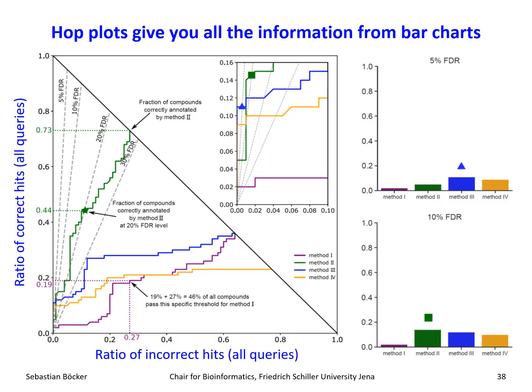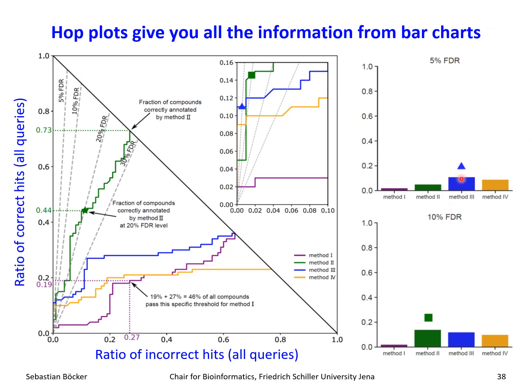And now I can demonstrate that the hop plot contains all the information from the bar charts, which in general we like very much, but it also contains all the information that the bar charts don't show. For example, we have in here these dashed lines, and they are labeled 5% FDR, 10% FDR, 20% FDR, because that's exactly what they are. They are the FDR levels in the hop plot.